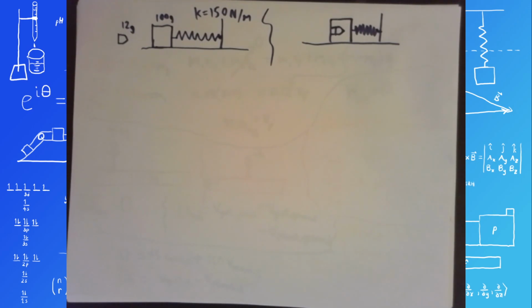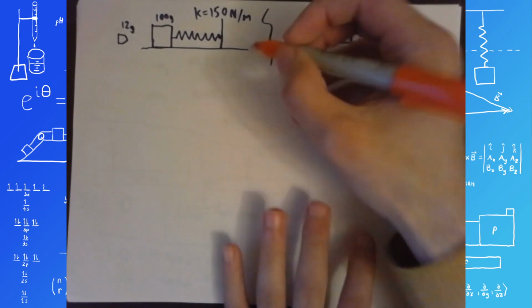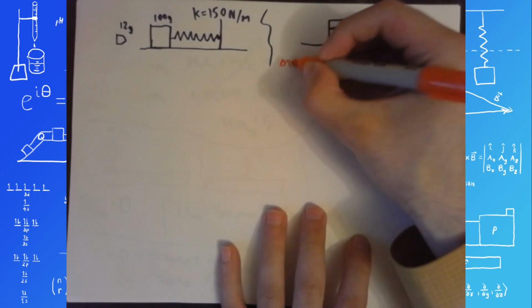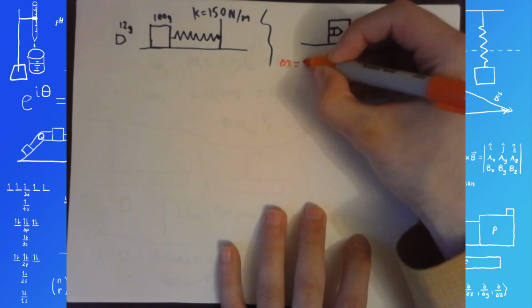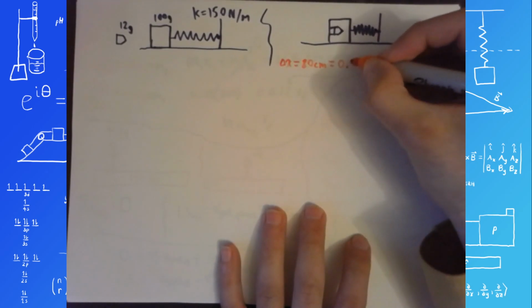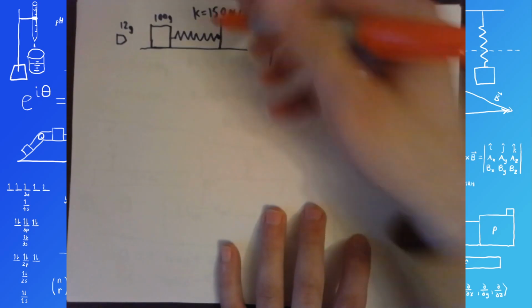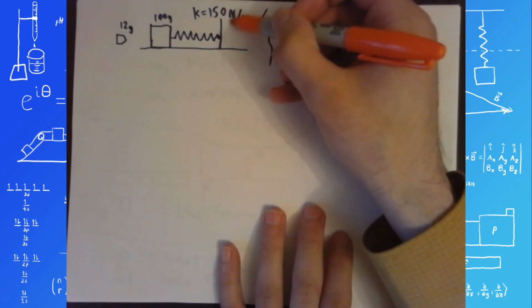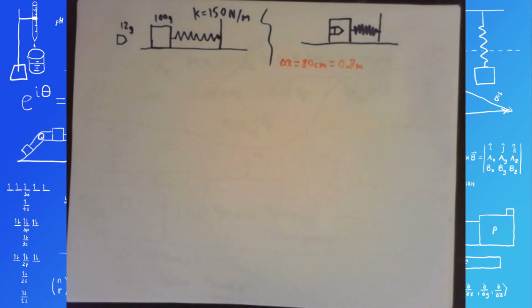If the compression distance is 80 centimeters, I'm going to say delta x equals 80 centimeters, which I'm going to convert to meters because we are given the spring constant in newtons per meter. And I think I might have to convert the masses to kilograms as well. Yeah, I'm going to have to convert those to kilograms because I'm going to need them to calculate kinetic energy.